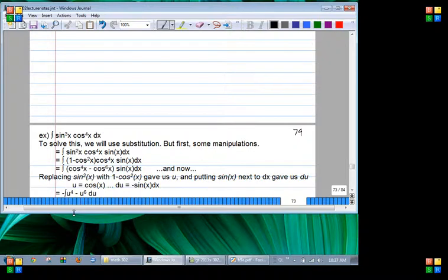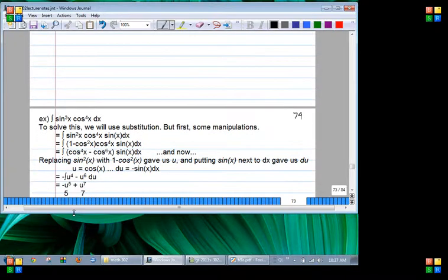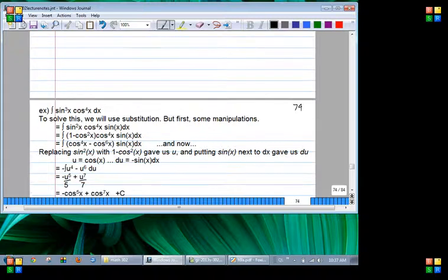So if you integrate this, you get this, and I've also distributed the negative. So negative u to the 5th over 5 plus u to the 7th over 7. And then we put it back.